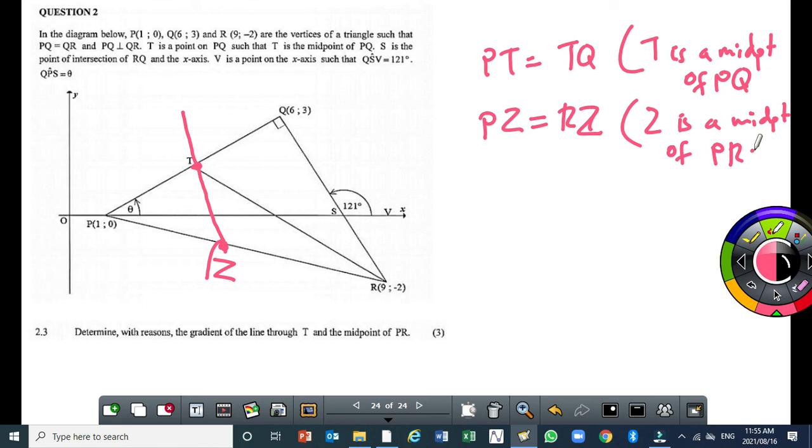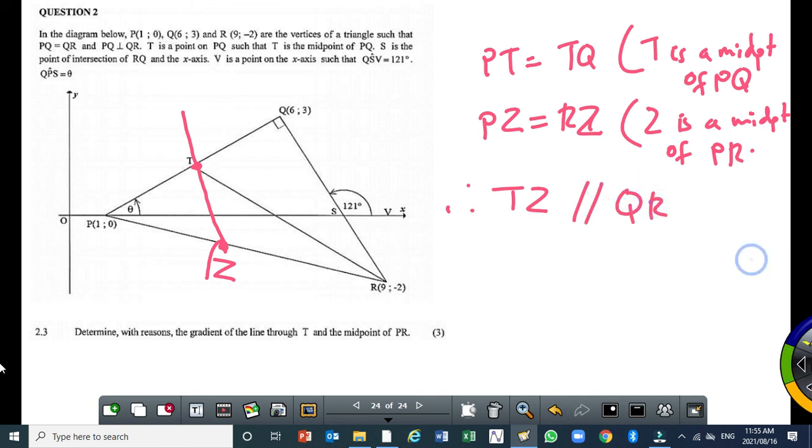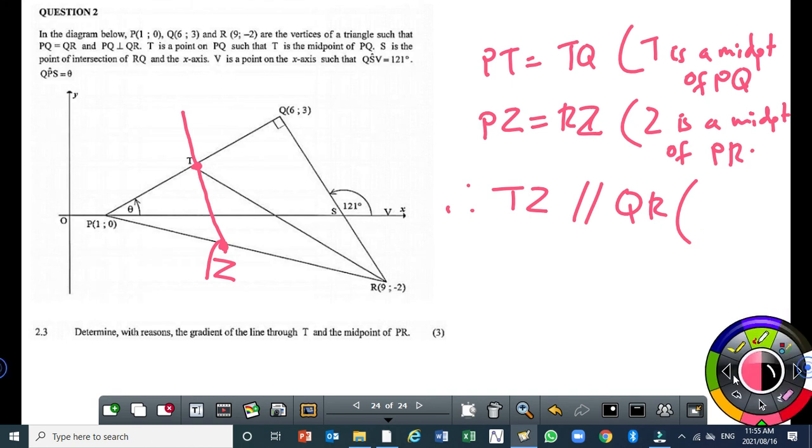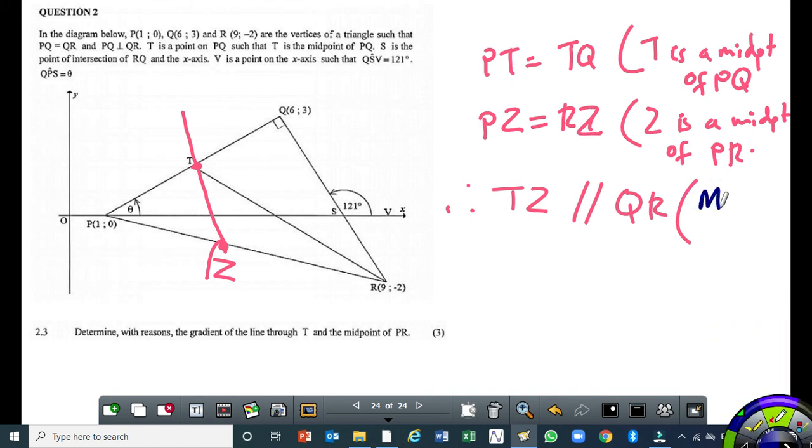So the deduction will be: therefore TZ will be parallel to QR. And my reason: midpoint theorem.